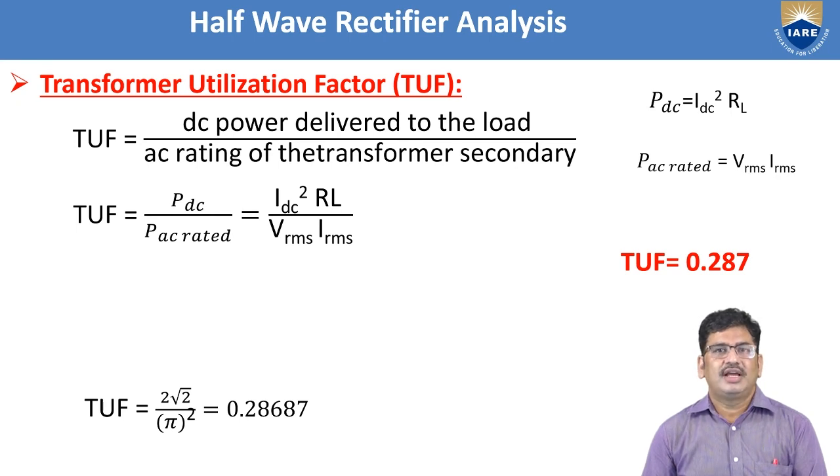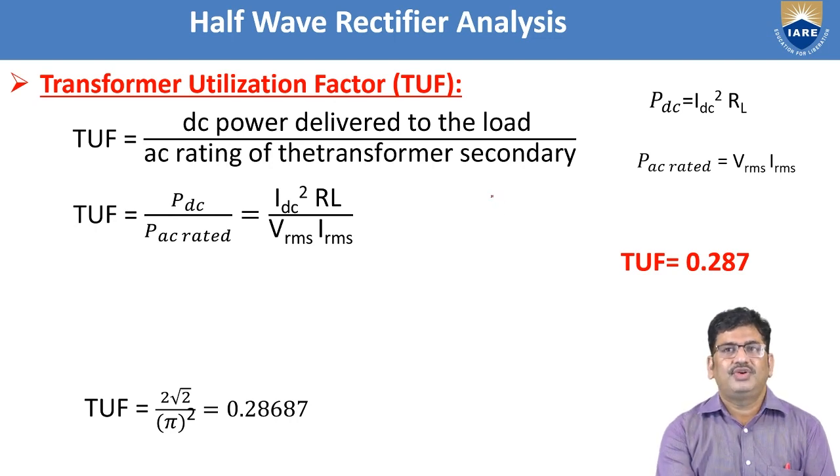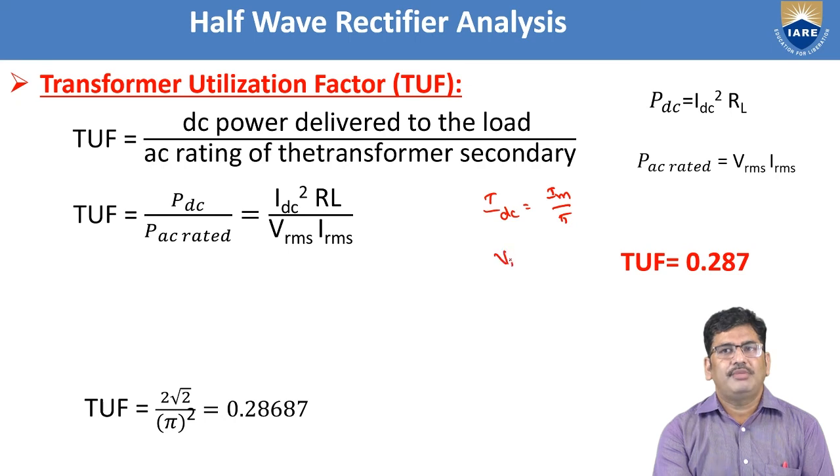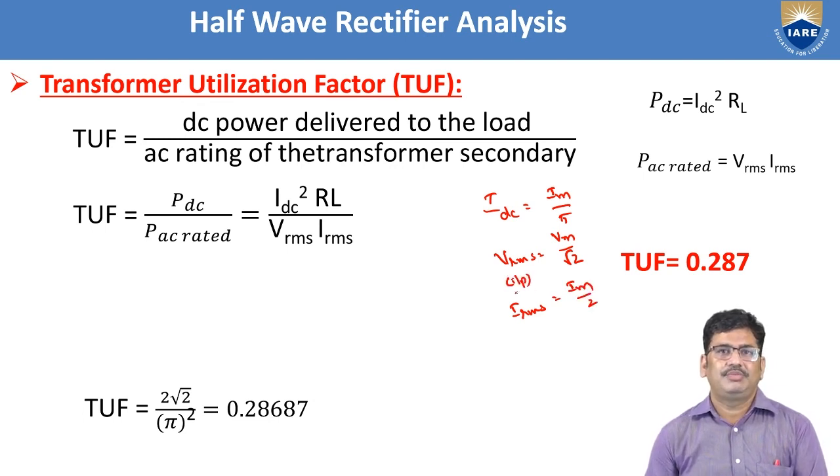By substituting IDC expression, VRMS expression, IRMS expression in the TUF, here what is the IDC expression for half-wave rectifier? The IDC is given as Im by pi. The VRMS for the input voltage is given as Vm by root 2. The IRMS for half-wave rectifier is given as Im by 2. So this is with respect to the input signal. This you need to remember.